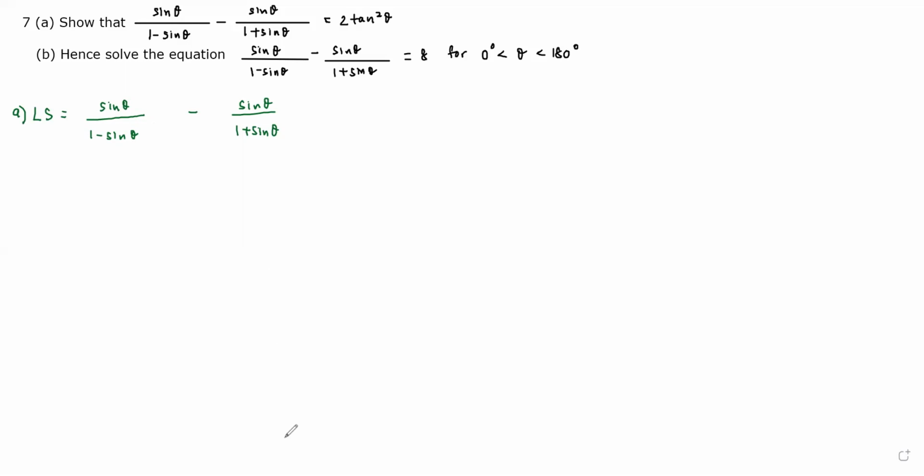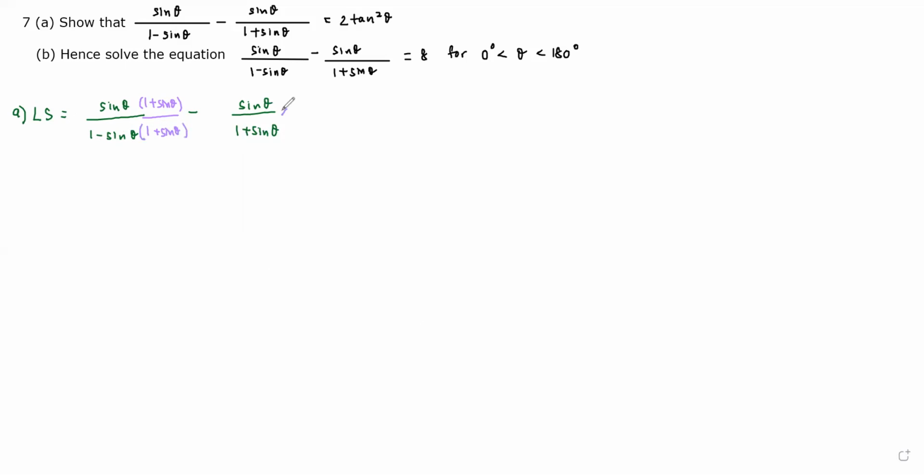These are two rational expressions. Whenever we have a rational expression, we simplify by making a common denominator. The denominator for the second term is 1 plus sine theta. So we multiply the first term by 1 plus sine theta over 1 plus sine theta.